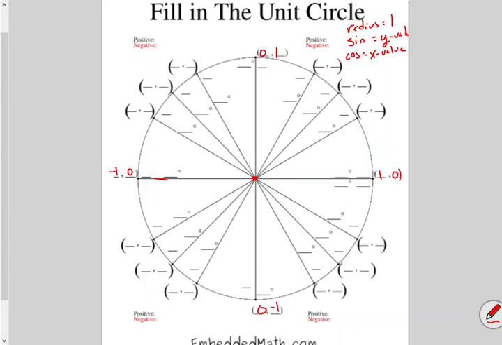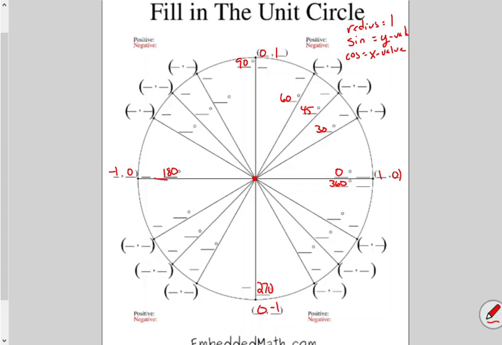Now, that would give me an angle measure of 0 degrees, or 360 once we go all the way around, 90 degrees, and then we have 180 degrees, come around here to 270, and again back to 360.